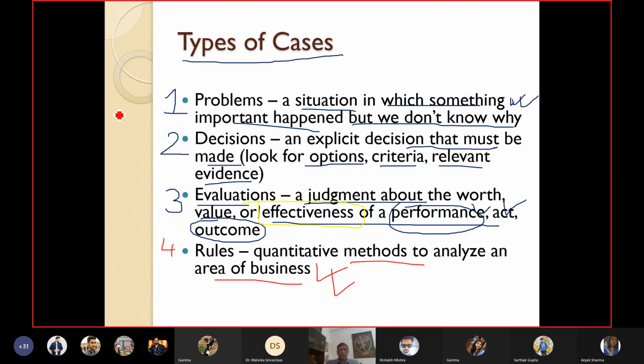So in a case, you look at problems. In a case, you look at solutions, how effective they were. In a case, you look at decision-making criteria, what decisions you take, what options you had. And it also talks about rules to analyze a particular area of business.